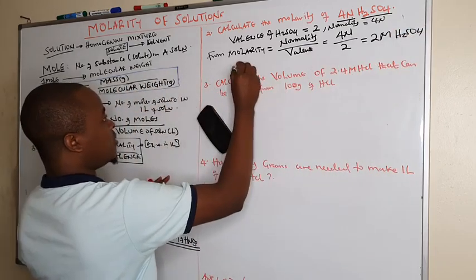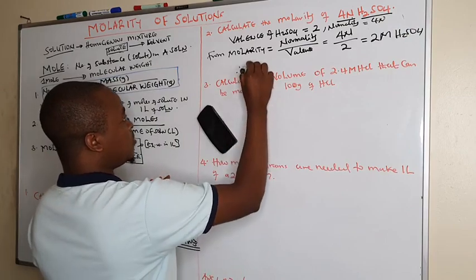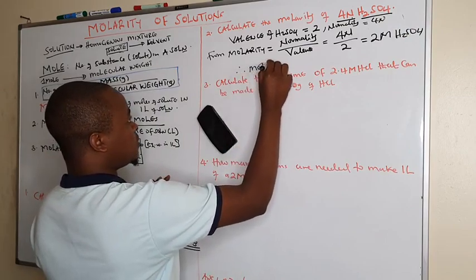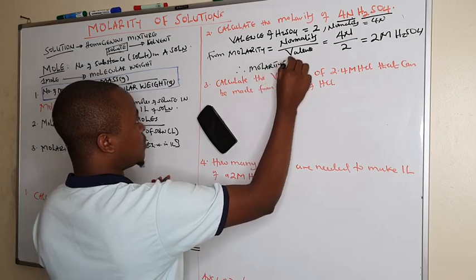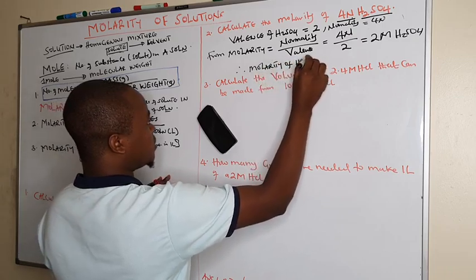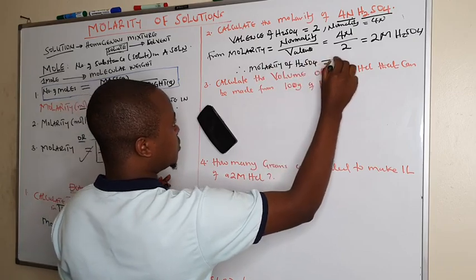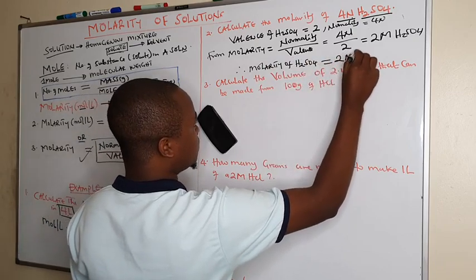So therefore, the molarity of sulfuric acid is equal to 2 molar.